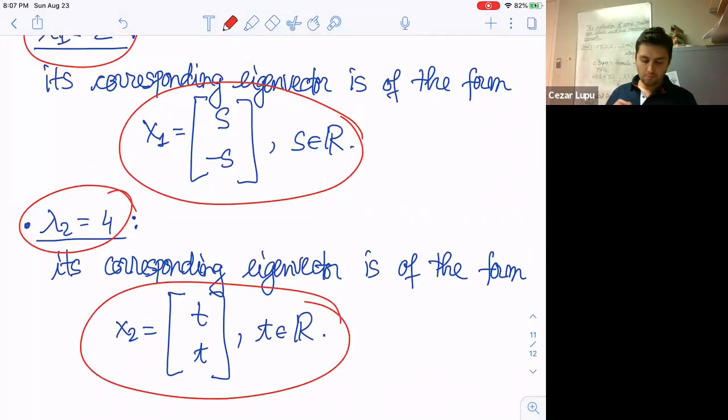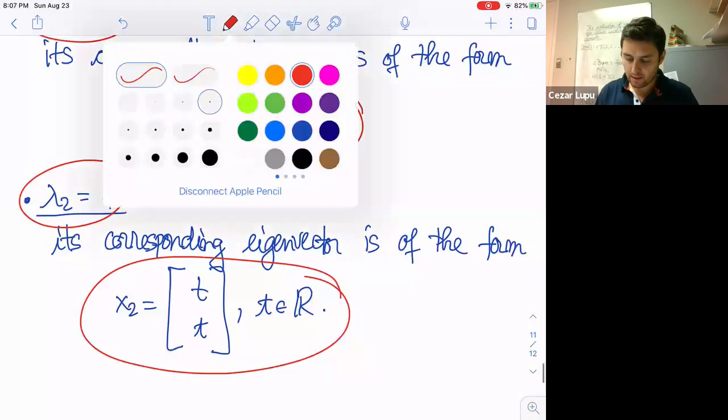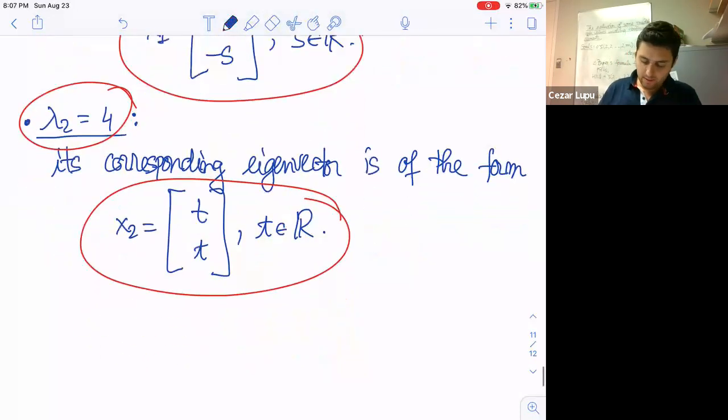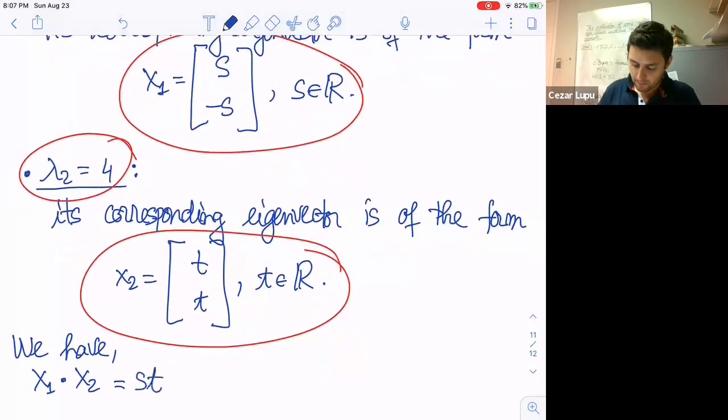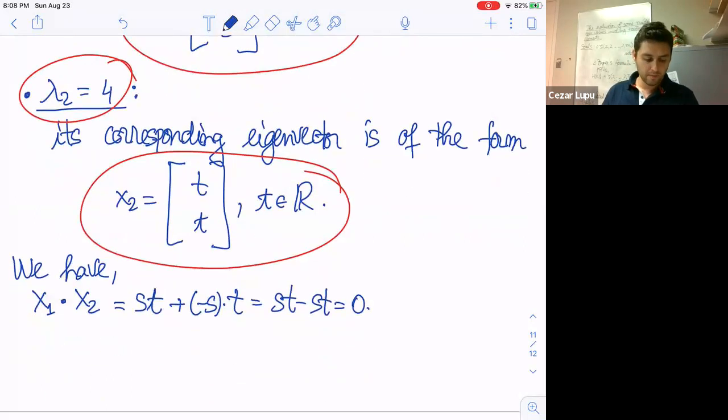Well, it's quite clear what to do now. x1 dot x2 will be, guess what, st plus negative s times t, which is st minus st, and this is nothing else than 0.